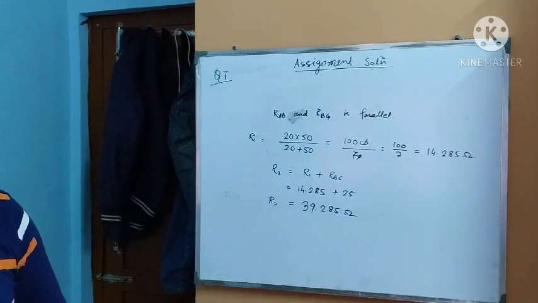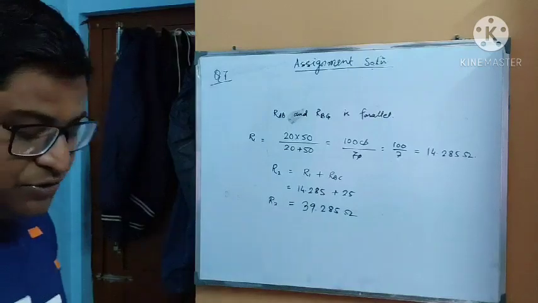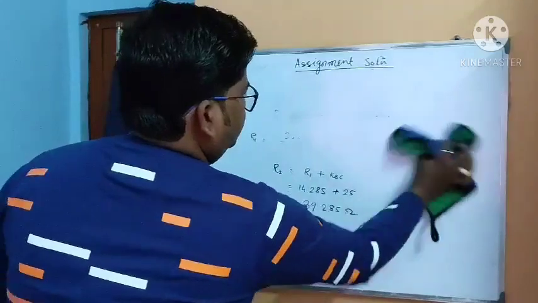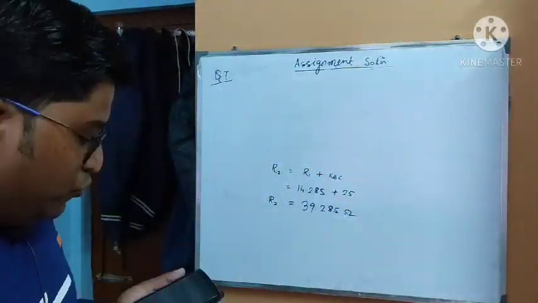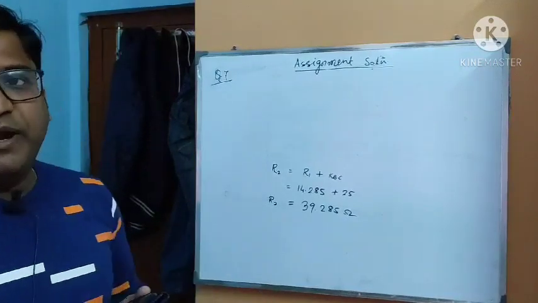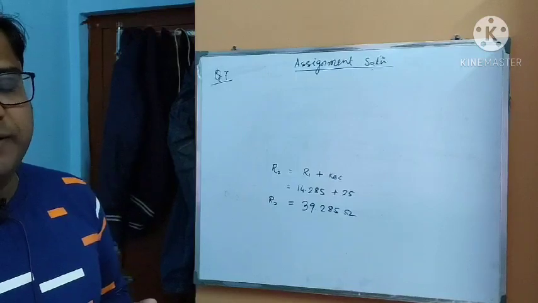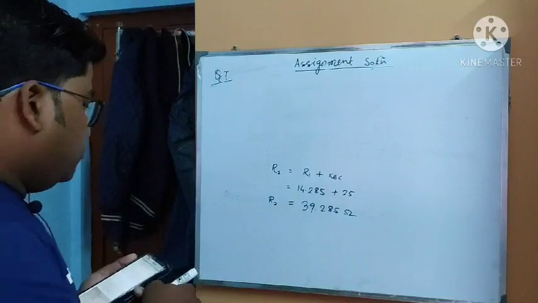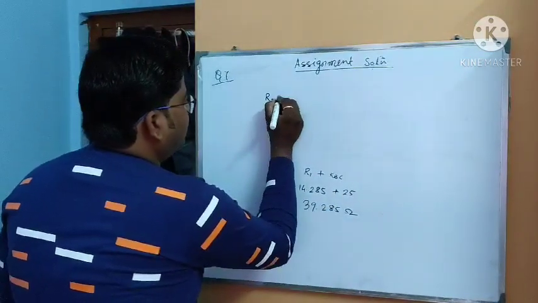Okay, now simply the resistance connected in branch CF. So I am rubbing the above one. So this R2 is simply in parallel with the resistance connected in between branch C and F. Okay, so we are considering this combination as R3.